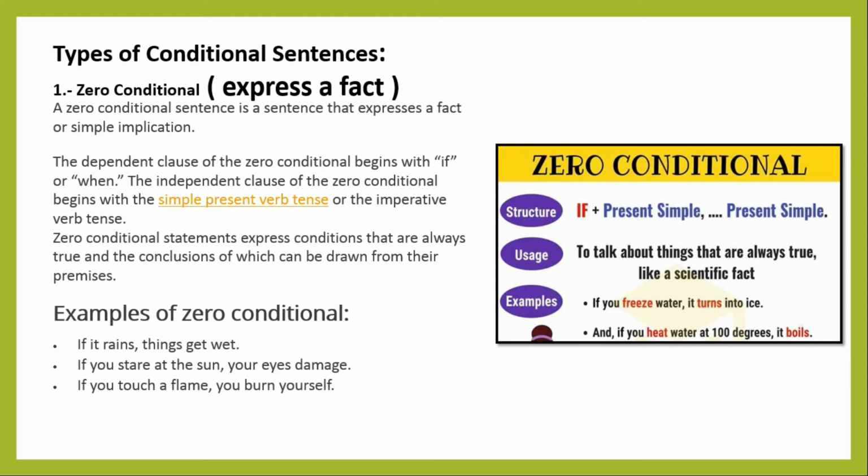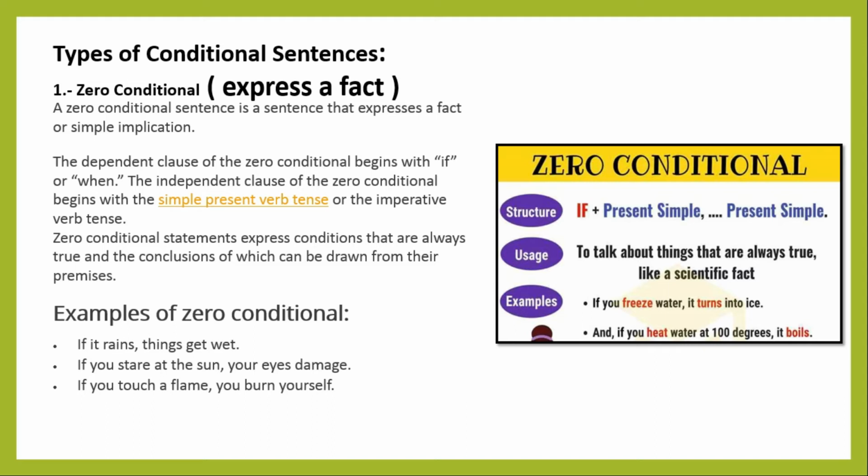You're going to get ice cubes. So it's a fact. Or you can say, if you heat water at 100 degrees, comma, it boils. Of course, because if you heat the water at 100 degrees, obviously, it boils.